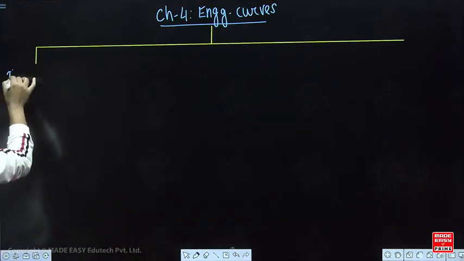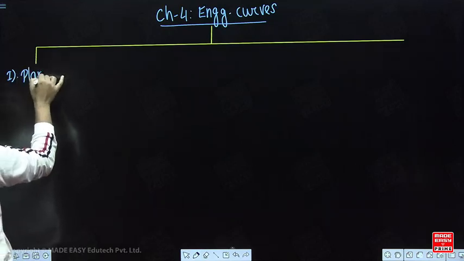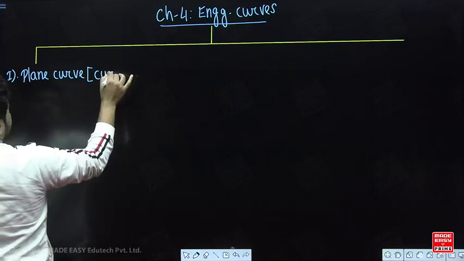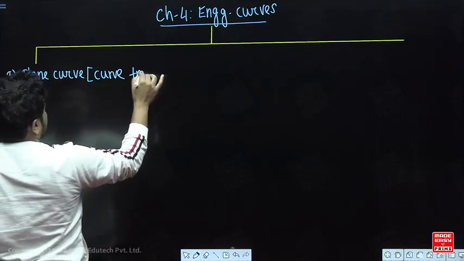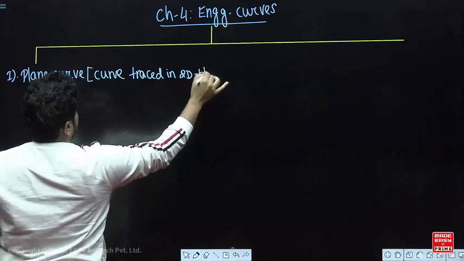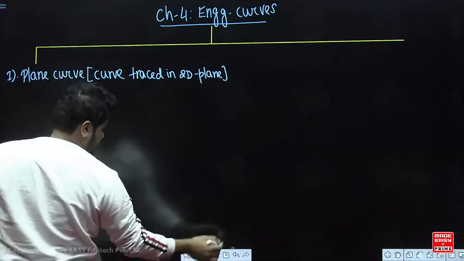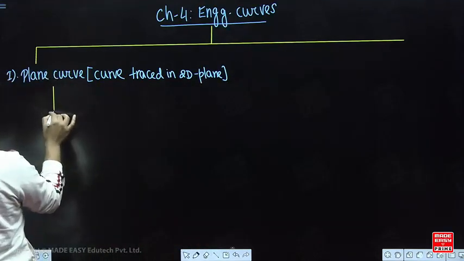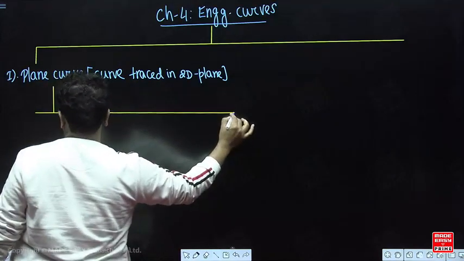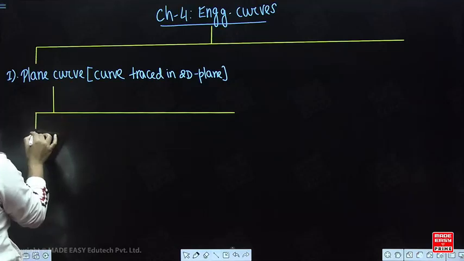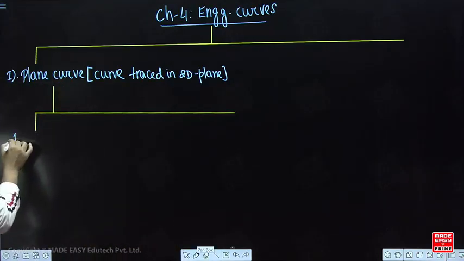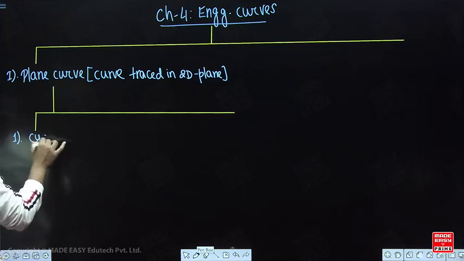First one, it is called plane curve. Plane curve means curve traced in a 2D plane. इसको बोलते हैं plane curve. So plane curve is classified into few groups. First one is called cycloidal curve.